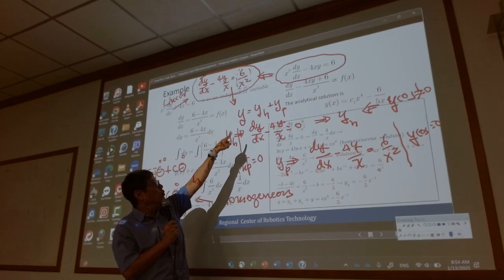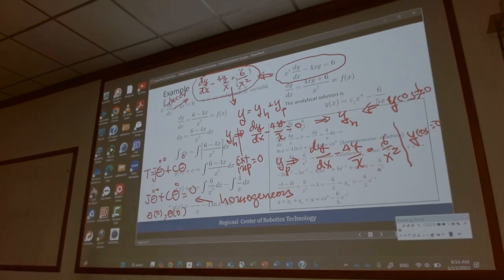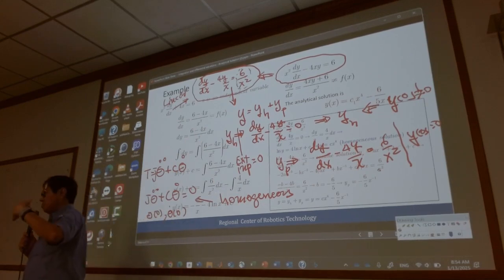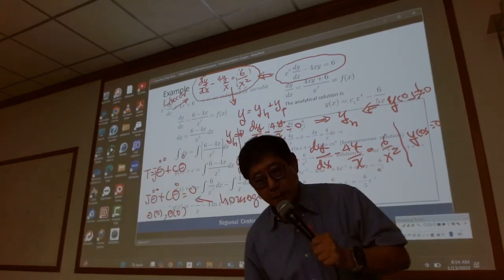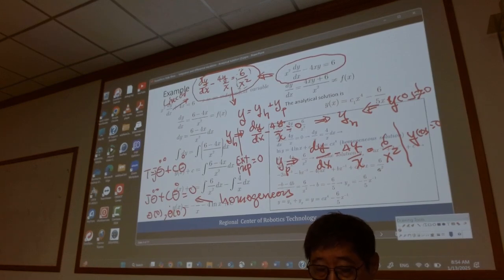The total solution is the homogeneous solution plus the particular solution, because it's linear. If it's non-linear you cannot use this. This technique can be used only for a linear equation. So once we analyze this, I show how to do this.